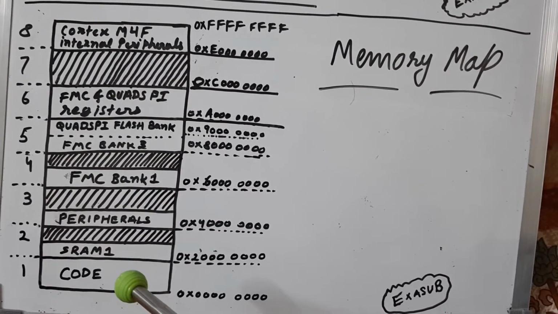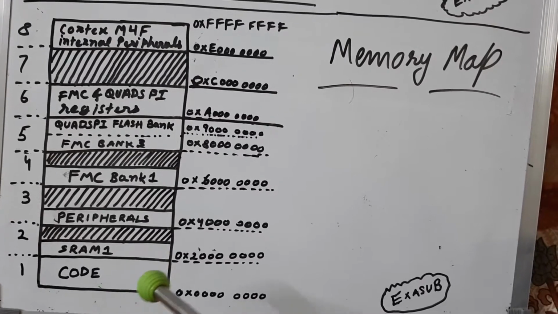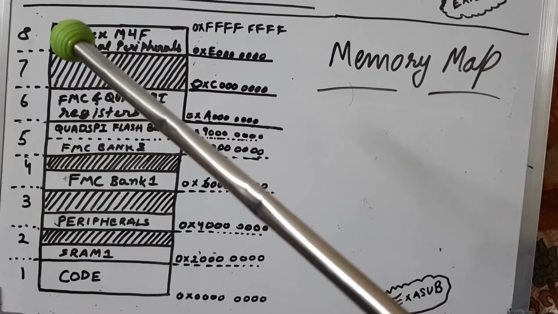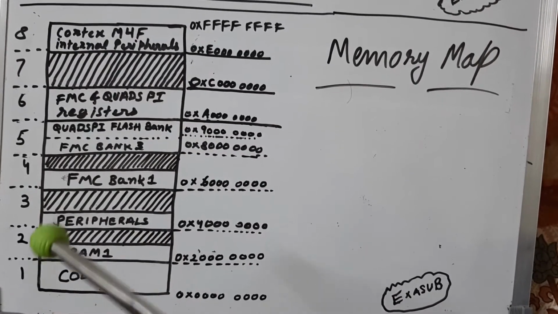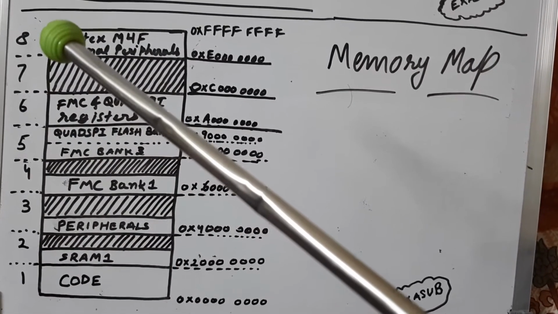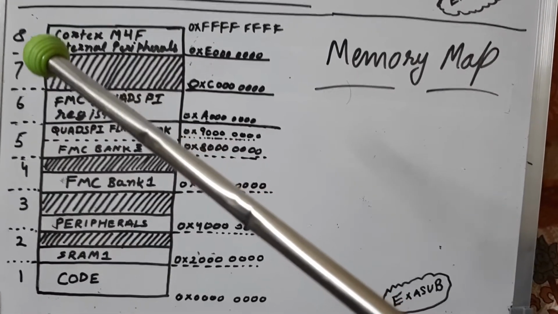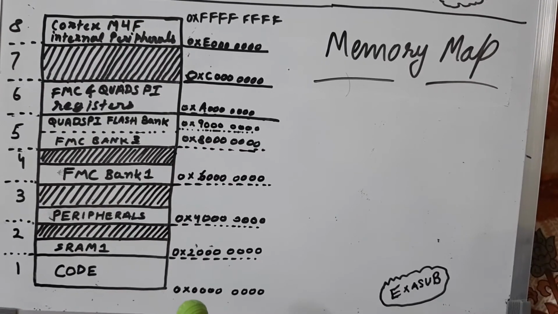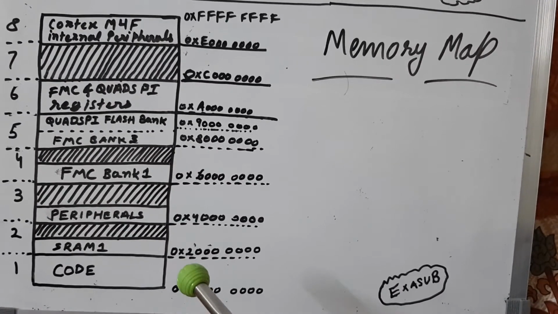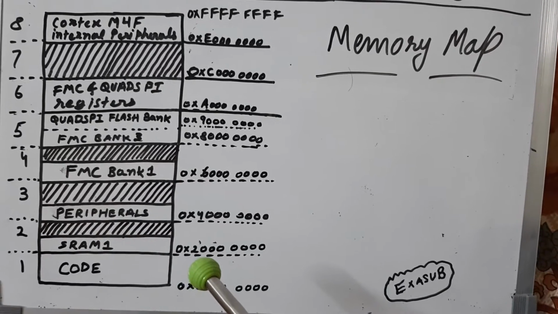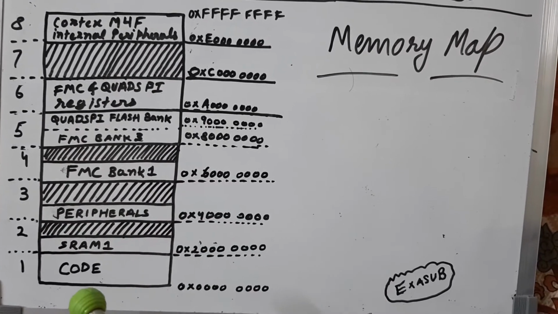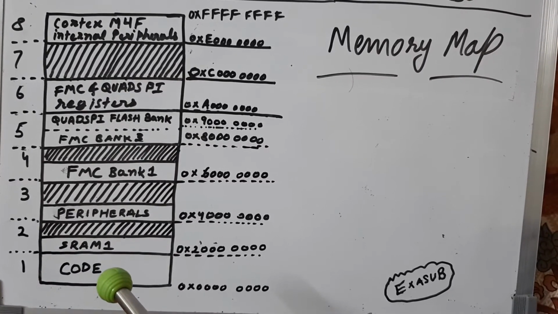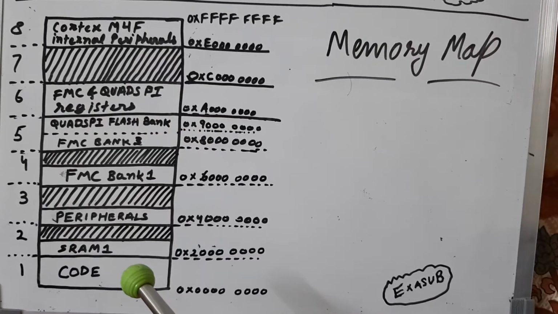There is a total of 8 sections, and each section is 512 megabytes. The first section, which starts from 0 and goes up to 0x1FFFFFFF, is where your program code is stored.